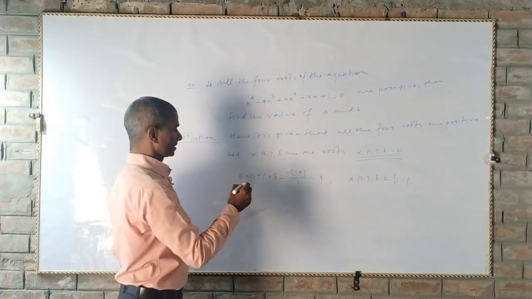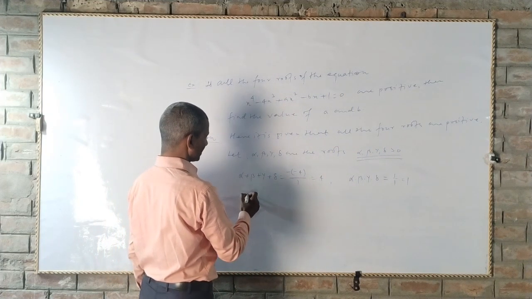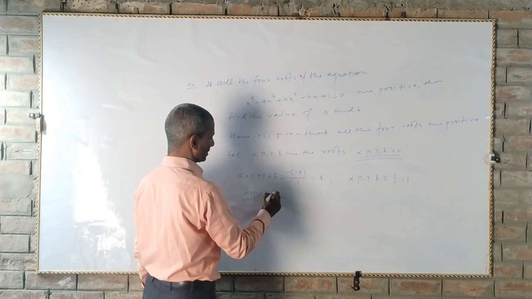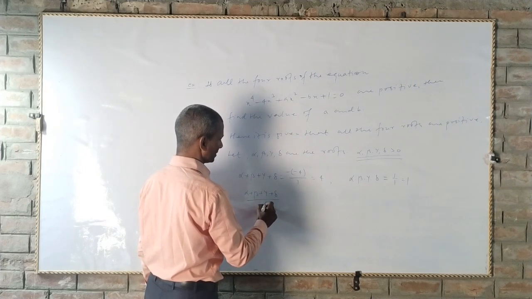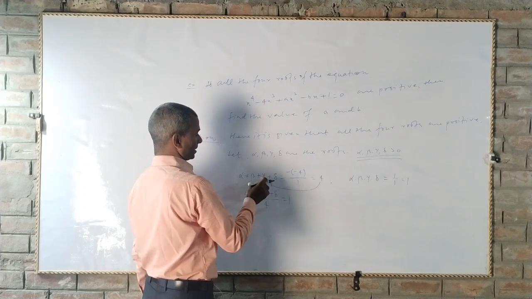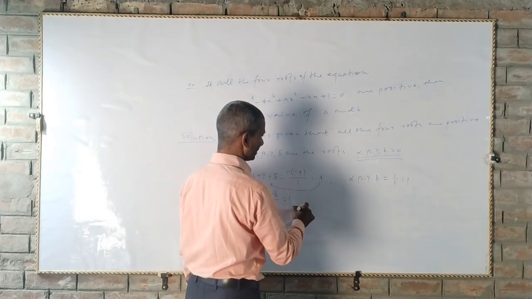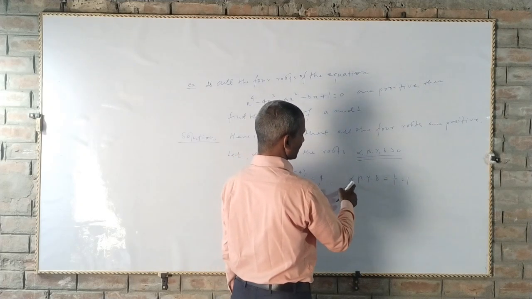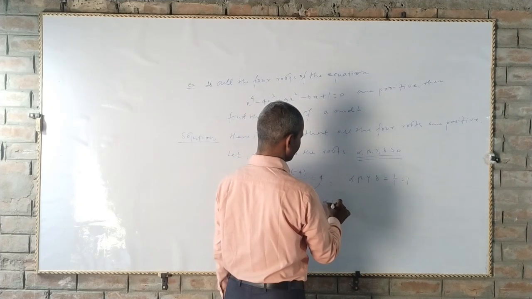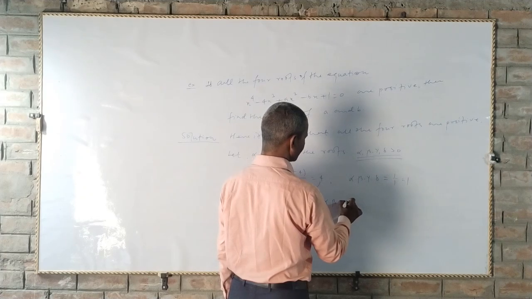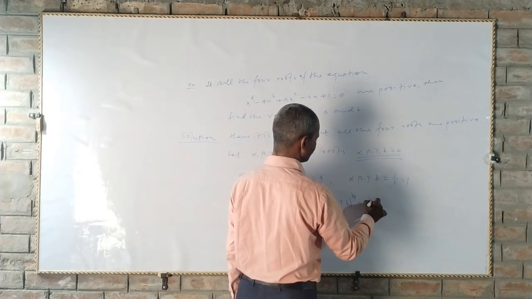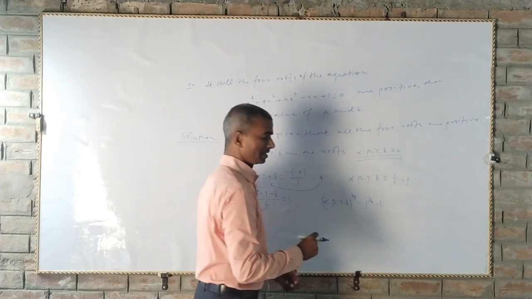Here observe that this can be written as alpha plus beta plus gamma plus delta by 4 is equal to 1. Now divide this by 4, and since alpha, beta, gamma, delta are positive, we can write alpha into beta into gamma into delta to the power 1 by 4 is also 1 to the power 1 by 4, that is 1 in the real domain.